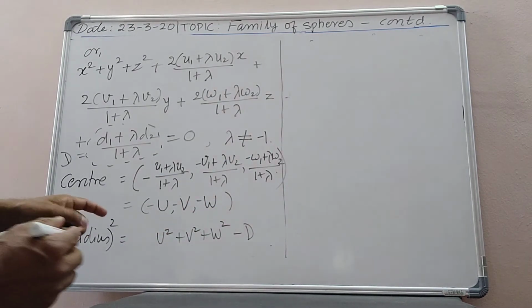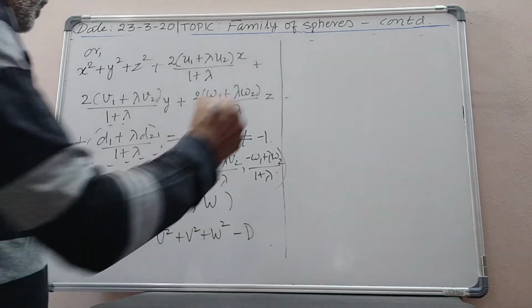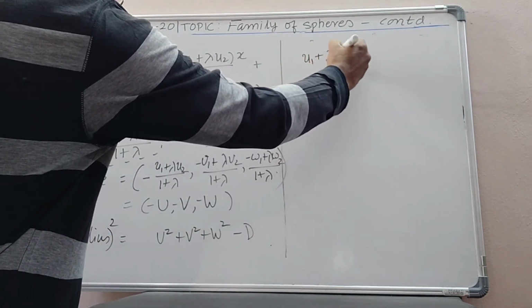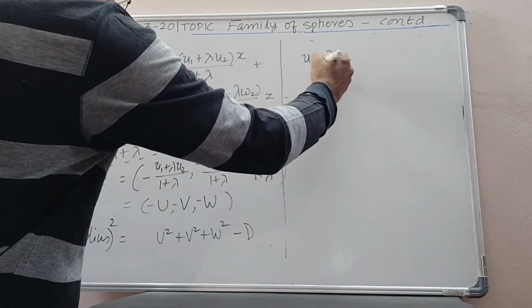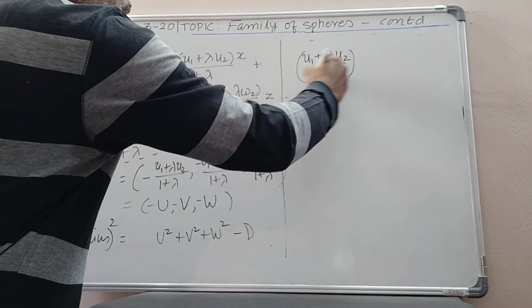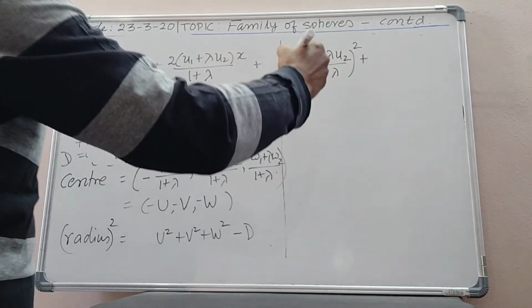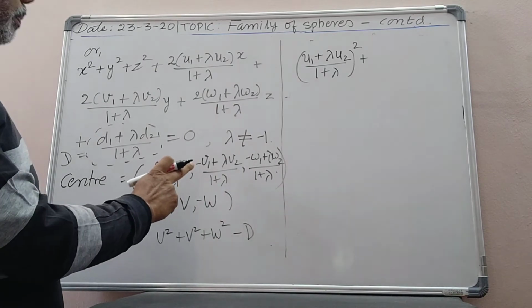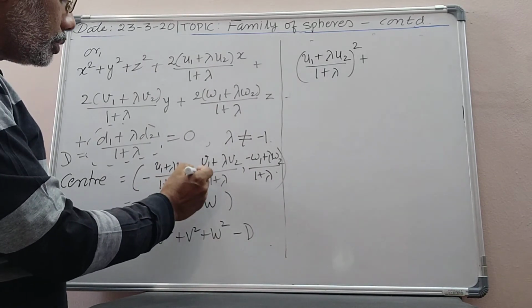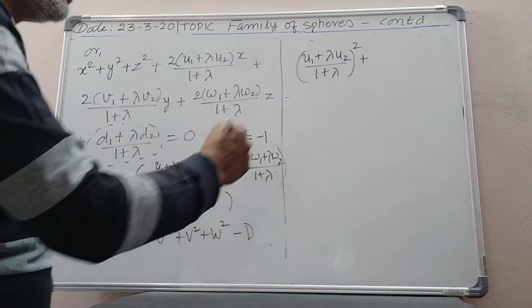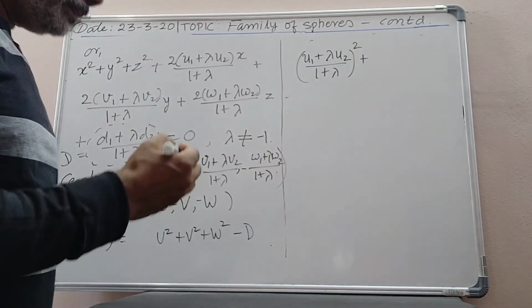I wish to write an expression for this. So what I have is u1 plus lambda u2 upon 1 plus lambda square plus, now this minus sign has got placed at the wrong position. It should be somewhere here, and same with this.